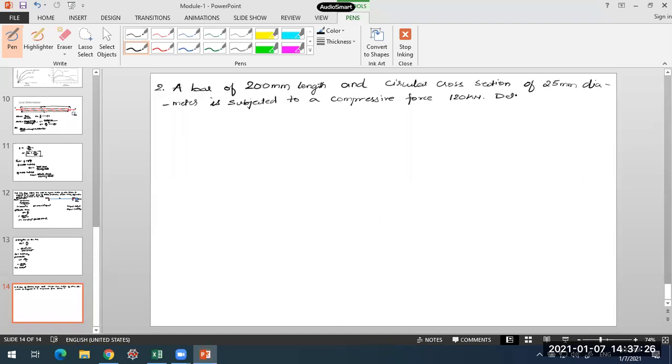Determine the stress and axial strain in the bar. Okay, try this.